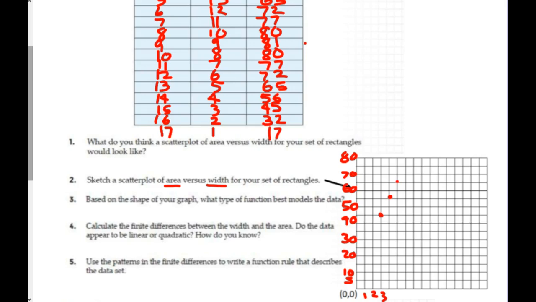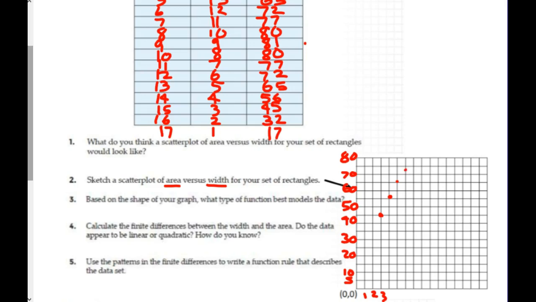5, 65. Let's see it. I see people waiting on me. I'm waiting on you. 6, 72.